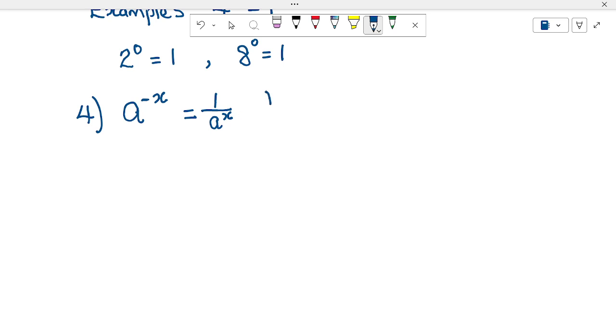Similarly, you have b all over a raised to power minus 1.